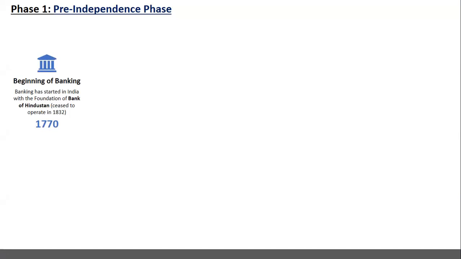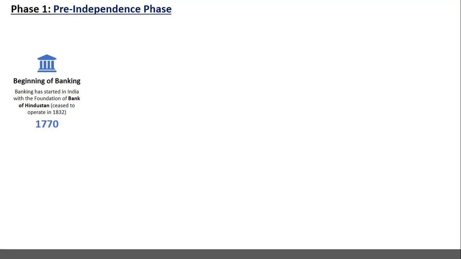The banking began. Banking started in India with the foundation of a bank named Bank of Hindustan. It was located in Calcutta. Now we call Calcutta Kolkata. But in 1832, it ceased to operate.